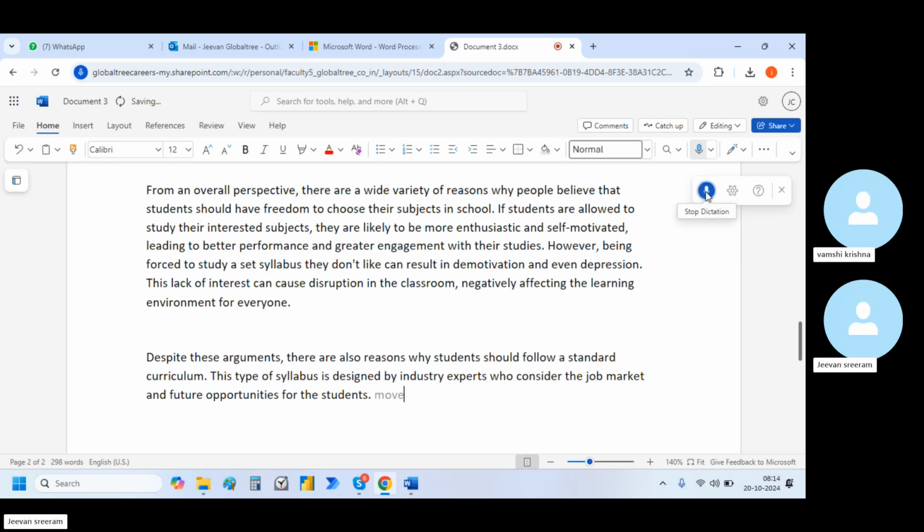Making the students study a fixed curriculum ensures students acquire essential knowledge that is important for their future careers and their further education.